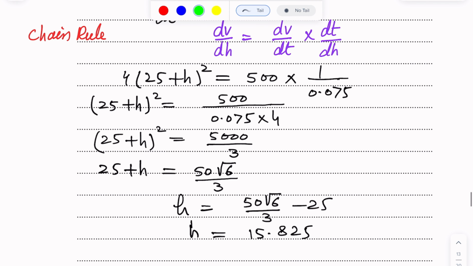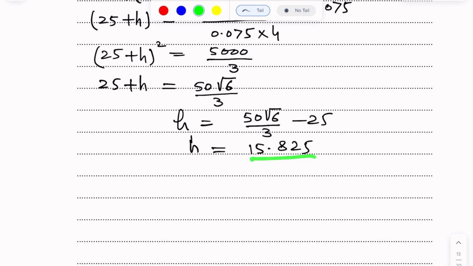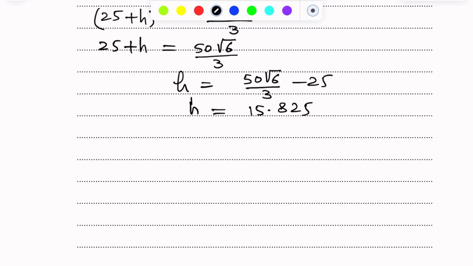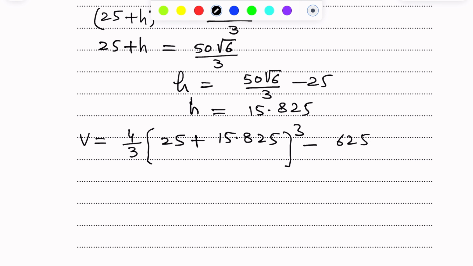Putting this value of h in the relation, V is equal to 4 over 3 times (25 plus 15.825, which is the value of h) whole cubed, minus 62500 divided by 3.